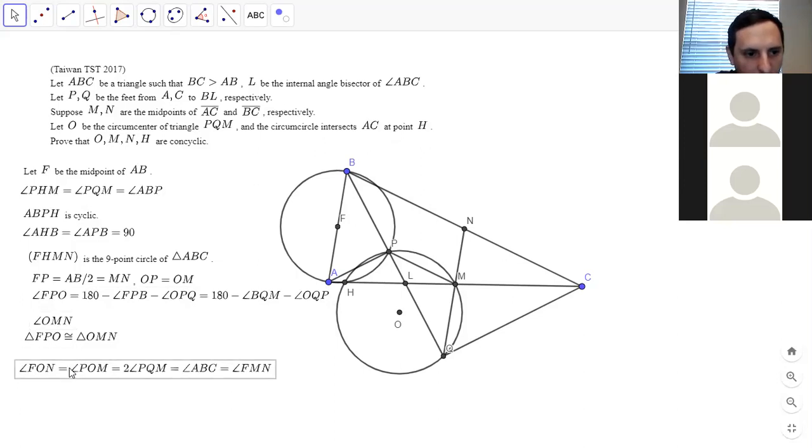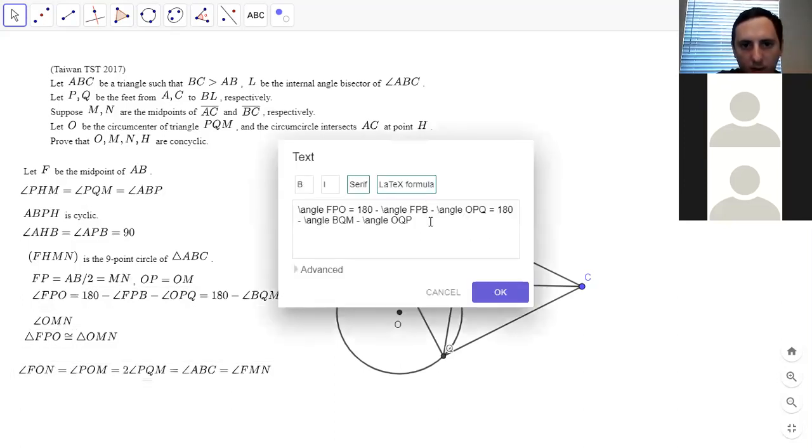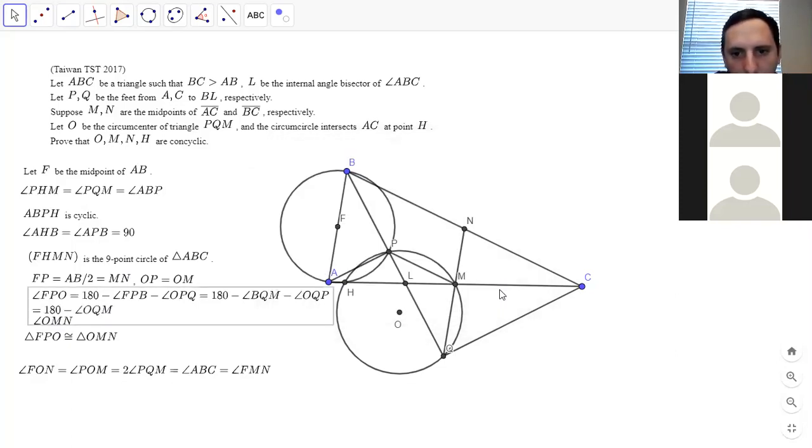So that is 180 minus angle OQM, and that is OMN, OMQ.